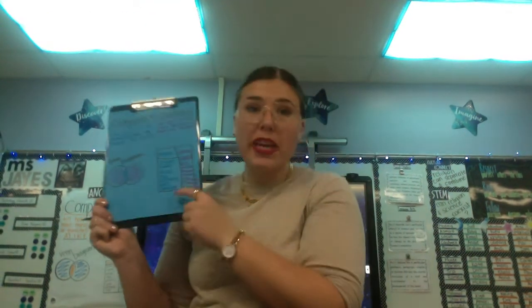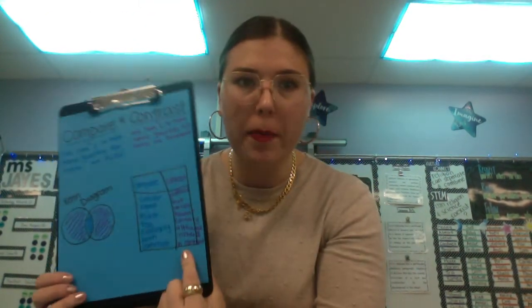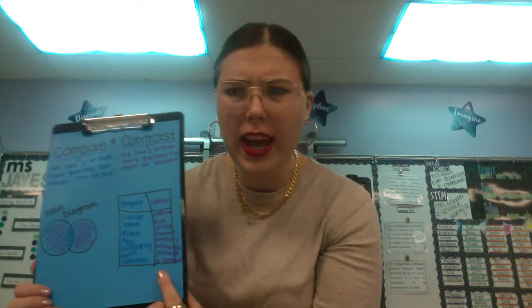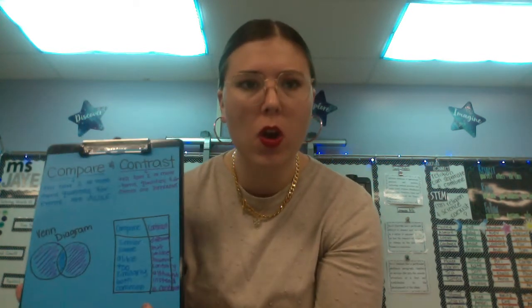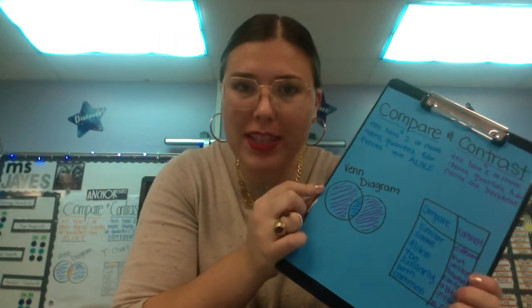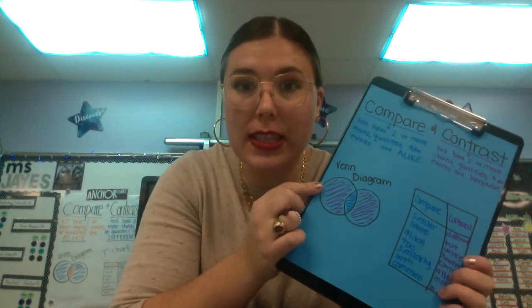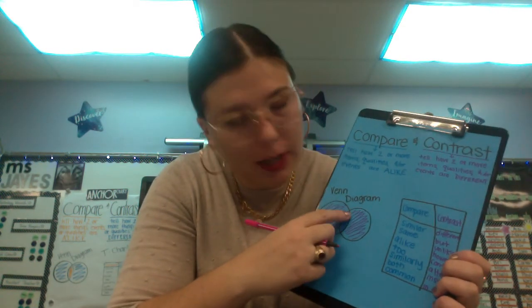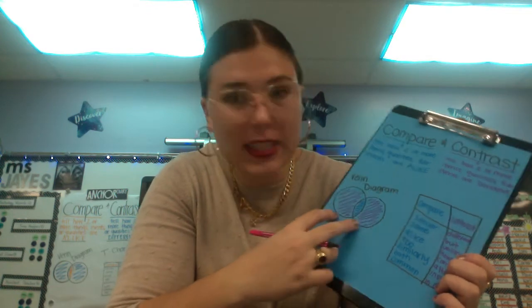So these are some keywords that we can use when we are writing a compare and contrast. Also, what can help us know if something is being compared or contrasted. When we are figuring out our ideas, I recommend doing a Venn diagram, as that's a very visual way we can see what is similar and what is different.